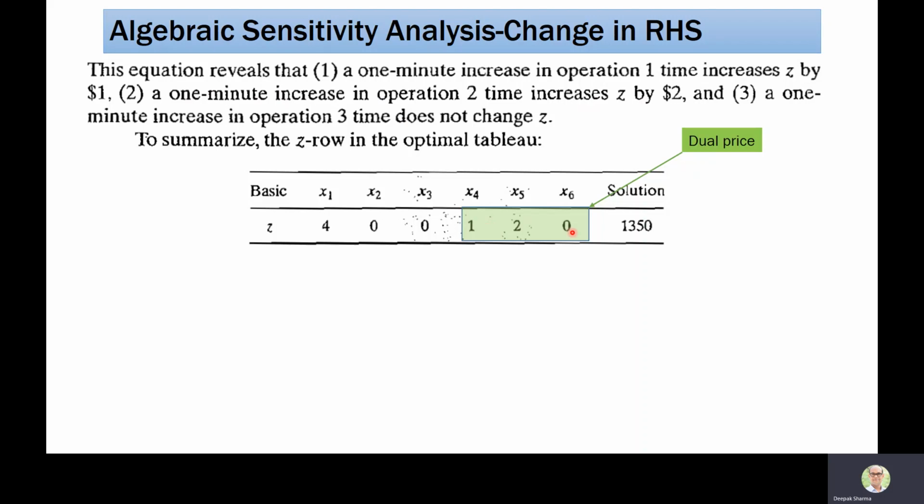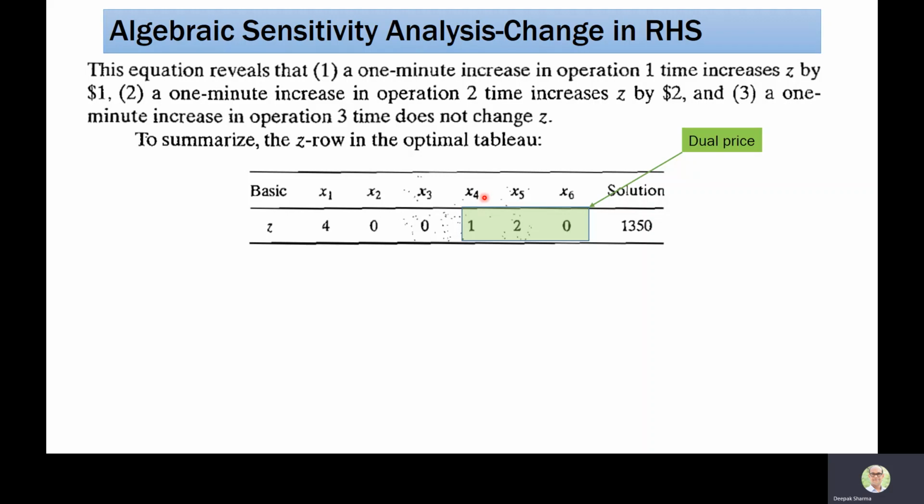In a simple way, to identify the dual price for each constraint, I look at the slack variables. In the optimal simplex table, in the Z row, I look at the Z coefficient of the slack variable, and I can get the dual price.